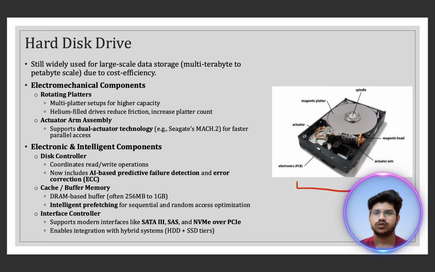If we see this design, the hard disk is basically a stack of disks. I think you have all seen compact discs, the optical CD or DVD, at some point in your life.